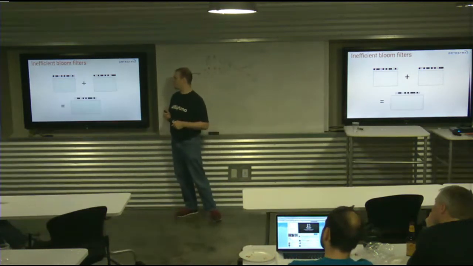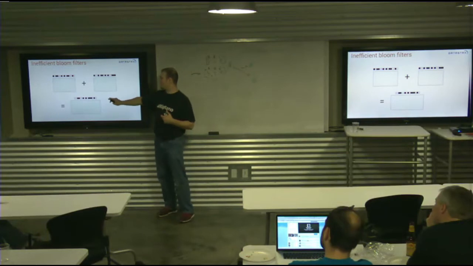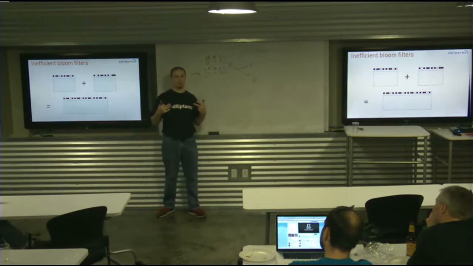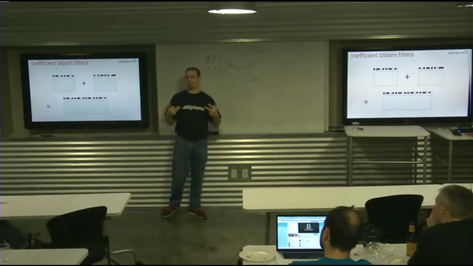But I don't know whether it's going to look like this, where the SSTables mostly overlapped, or like this, where the SSTables mostly did not overlap, or something in between.